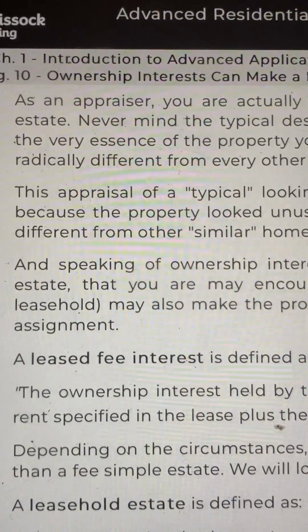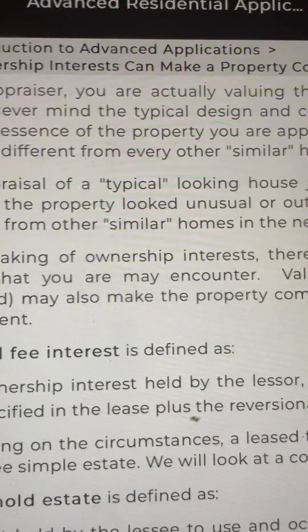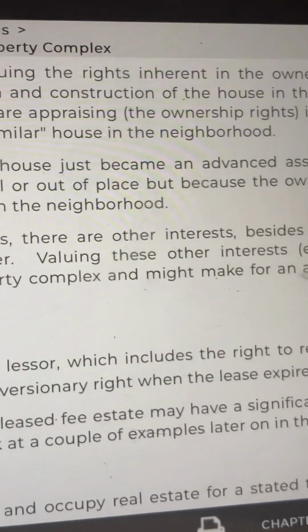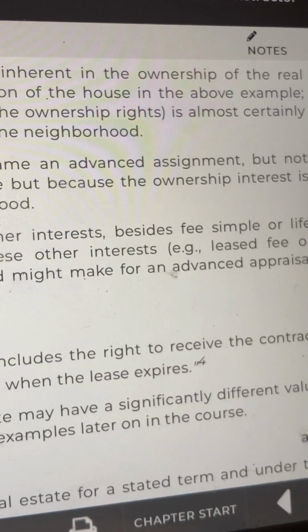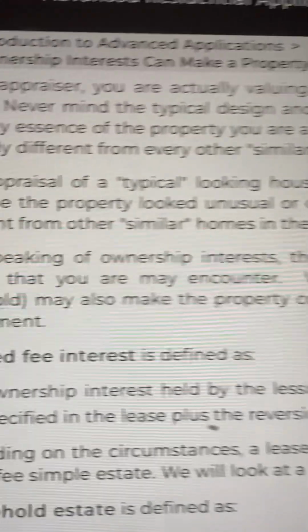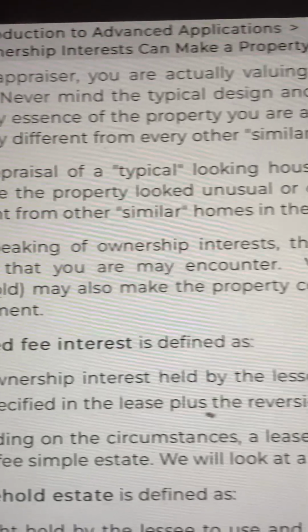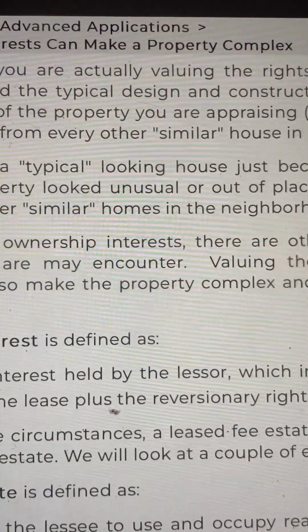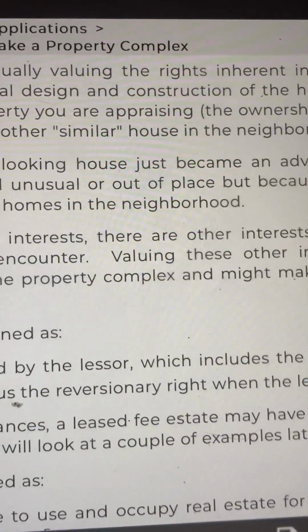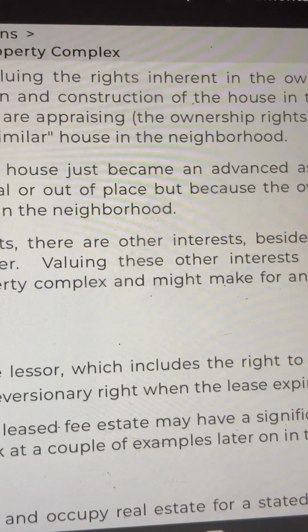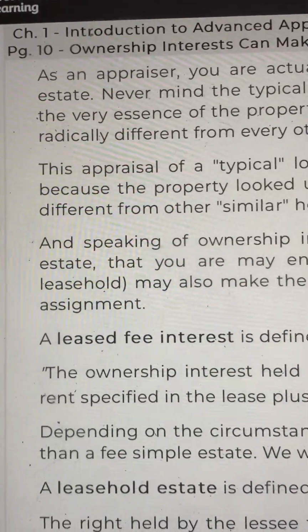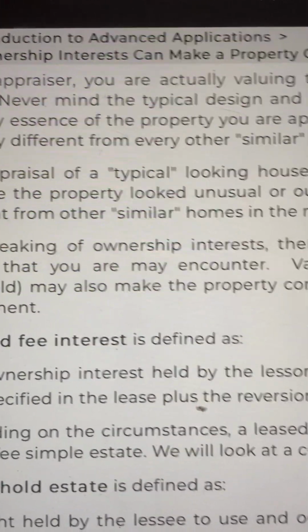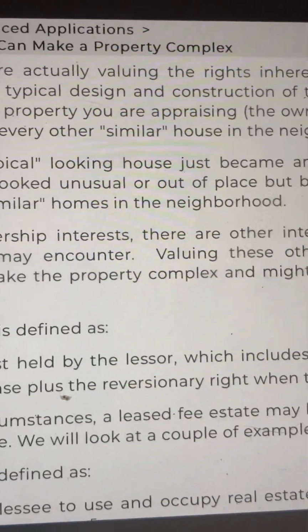This appraisal of a typical looking house just became an advanced assignment, but not because the property looked unusual or out of place, but because the ownership interest is different from other similar homes in the neighborhood.